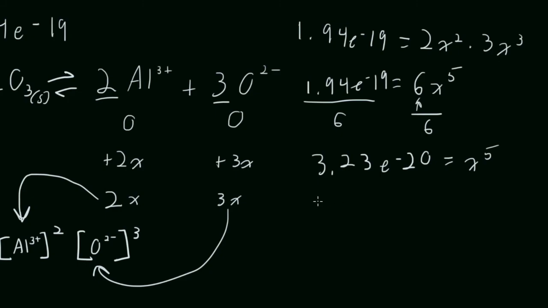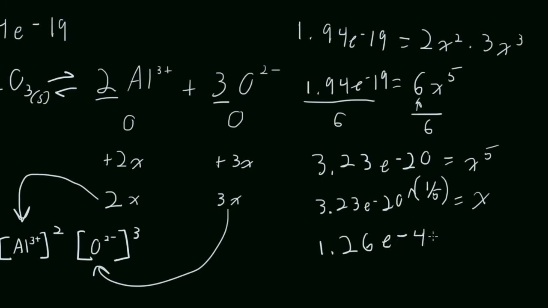So remember, I'm going to take 3.23 E negative 20, and I'm going to take that to the power of 1 over 5. When I do that, I will get x. So I need to make sure I put that 1 over 5 in parentheses when I enter it into my calculator. And I end up with 1.26 E negative 4 for my value of x.